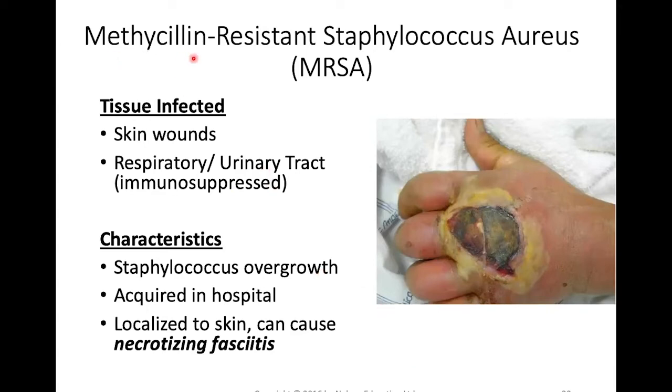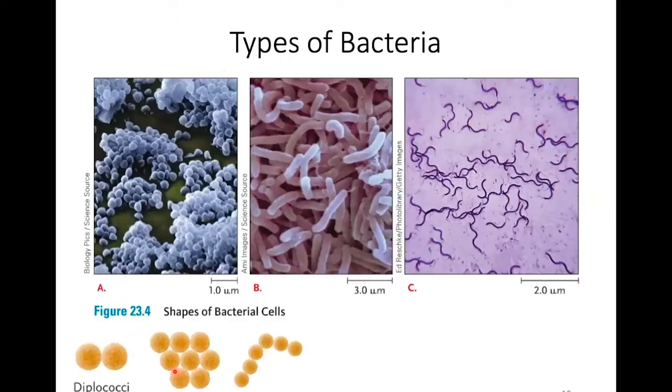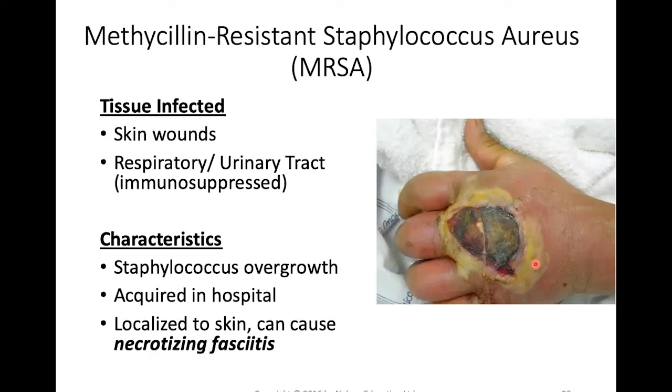Methicillin is a type of antibiotic. So this type of infection is resistant to that specific antibiotic. Staphylo, if you recall from our previous diagram, Staphylococcus is referring to the cluster of spherically shaped bacterial cells. And MRSA is capable of producing what is known as necrotizing fasciitis, which is also known as flesh-eating disease.